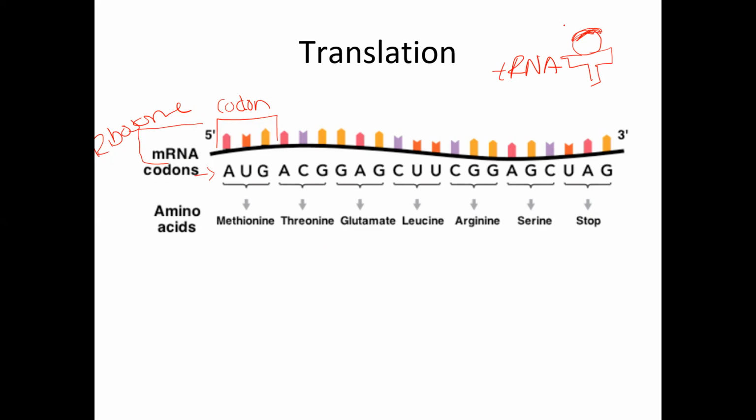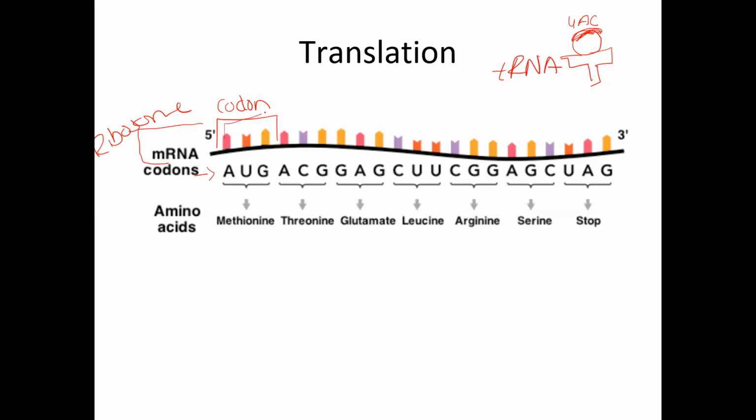So each sequence of 3 can match up with any of the possible combinations that we can come up with from our nitrogen bases. So for instance, this first one, right, is AUG. So if I put the opposite of that, I would have UAC. And so that transfer RNA can match up.